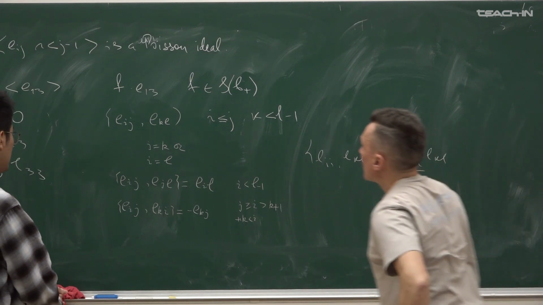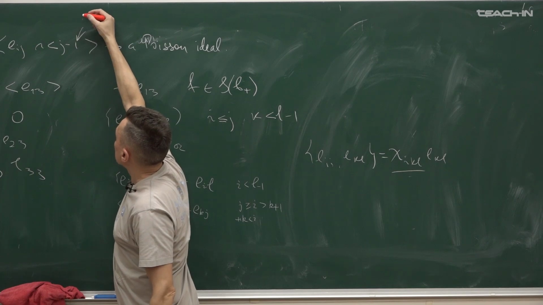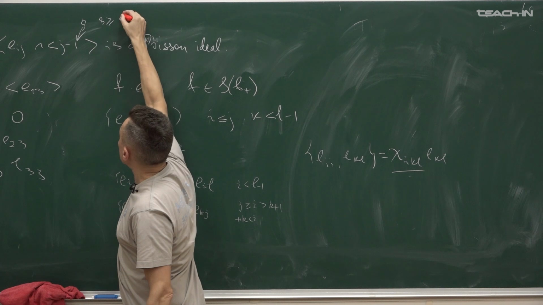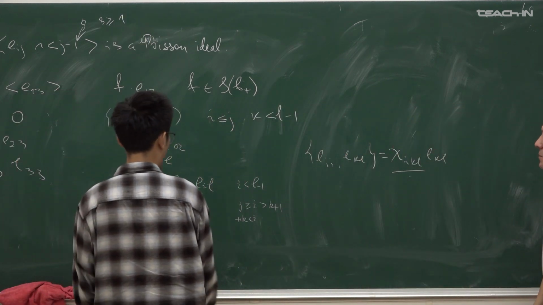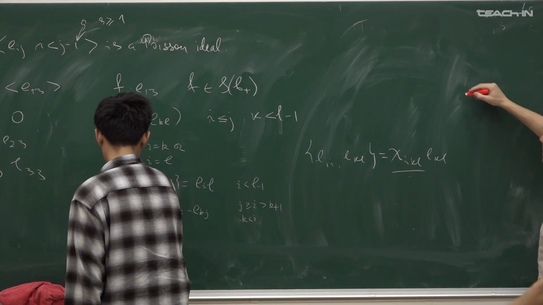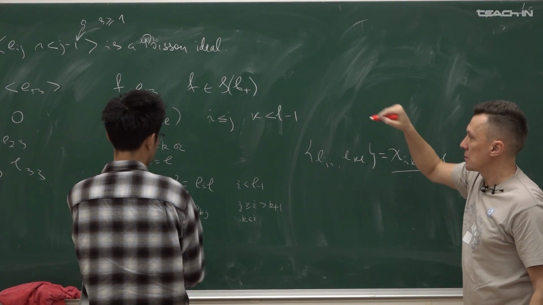Is it true if we place here some s greater or equal to 1? Should it be the same? So could we take several diagonals starting from the k diagonal? You understand?